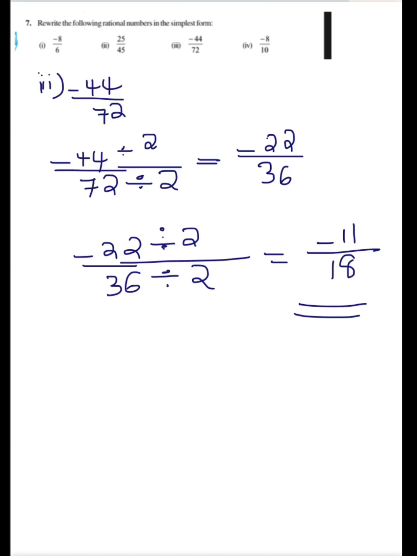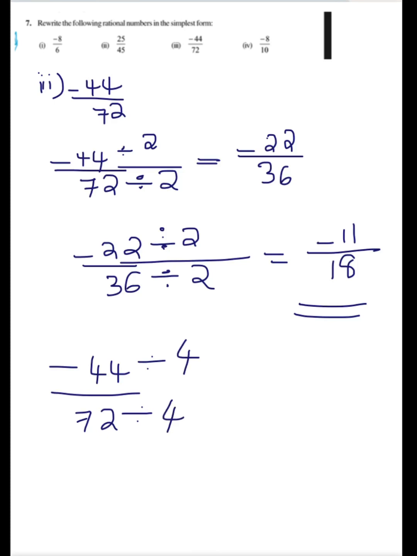So this is the answer for this question. You can do it either in this way, or you can simply divide minus 44 by 72 by the HCF. What is the HCF? The highest common factor of 44 and 72 is 4.